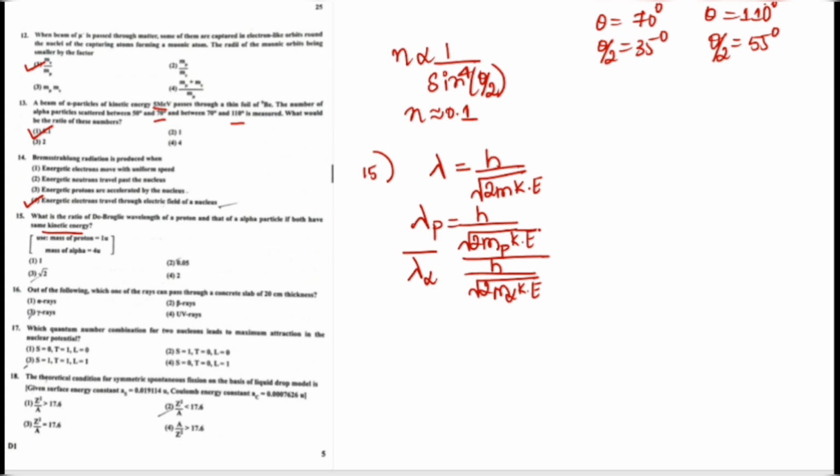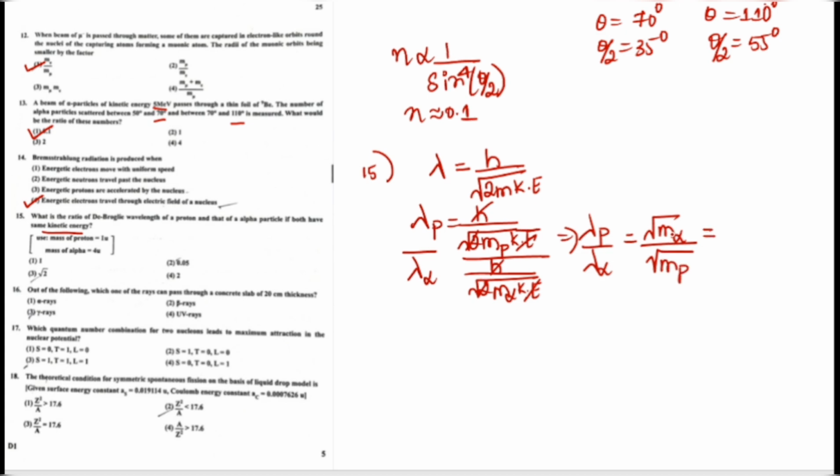Kinetic energy is the same, that is the kinetic energy of the proton is equal to the kinetic energy of the alpha particle. So I can cancel these two, and I can cancel h, even the square root of 2. What is remaining? That is lambda p divided by lambda alpha, the wavelength of the proton and the wavelength of the alpha particle, which is equal to, in the numerator, square root of m alpha, and square root of m proton.